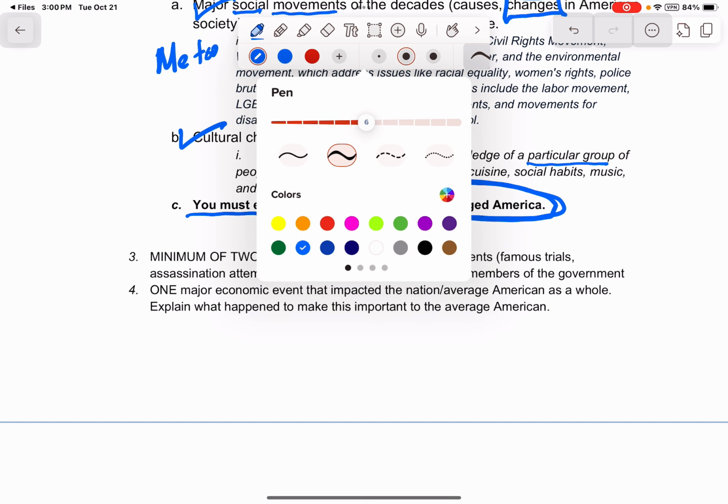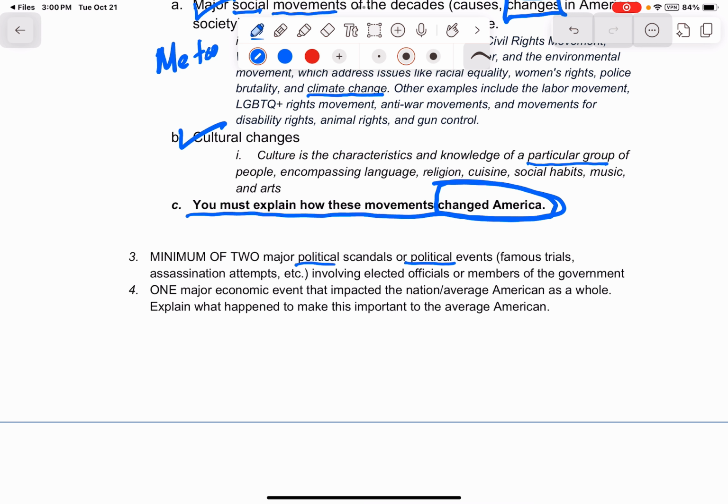I'm going to tell you, in the 80s, there was an assassination attempt. Okay, I'm just saying. Minimum of 2. And 1 major economic event that impacted the nation and the average American as a whole.